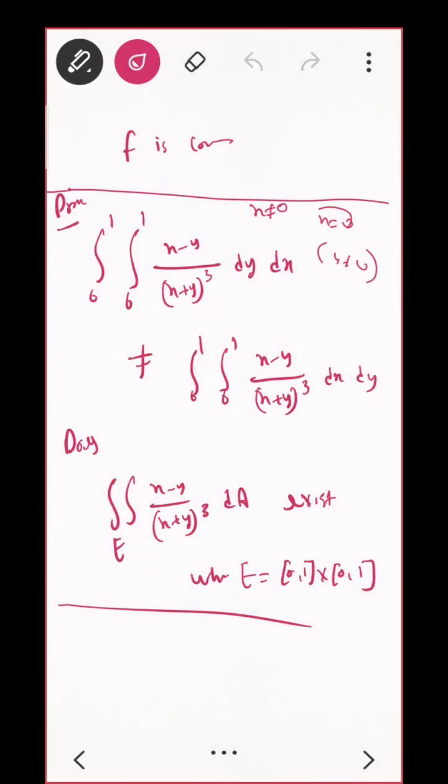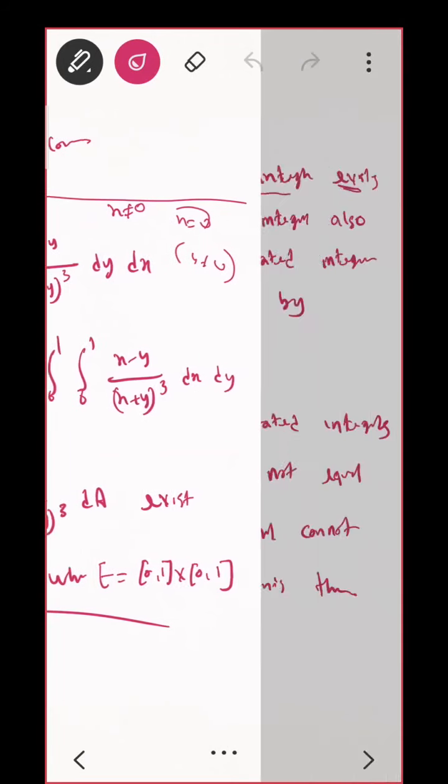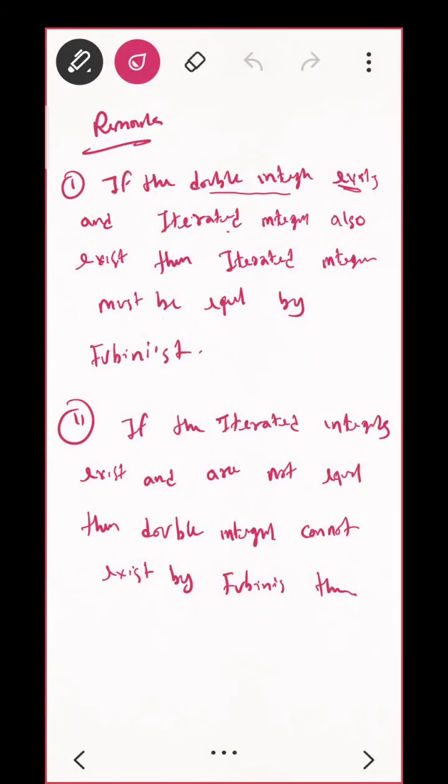Now the question was that there were two remarks. Remark 1: if the double integral exists, the first thing is that the double integration must exist and the iterated integral also exists. Then the iterated integrals must be equal.